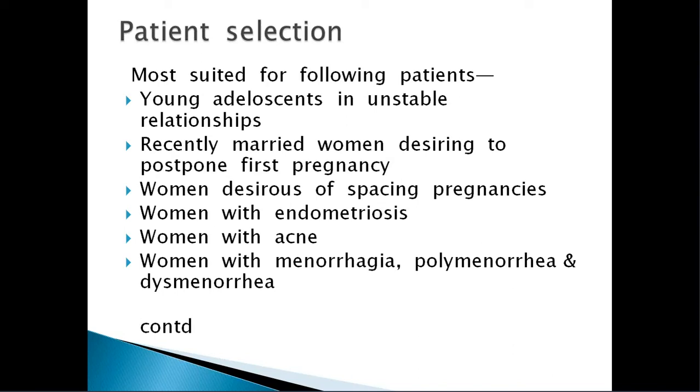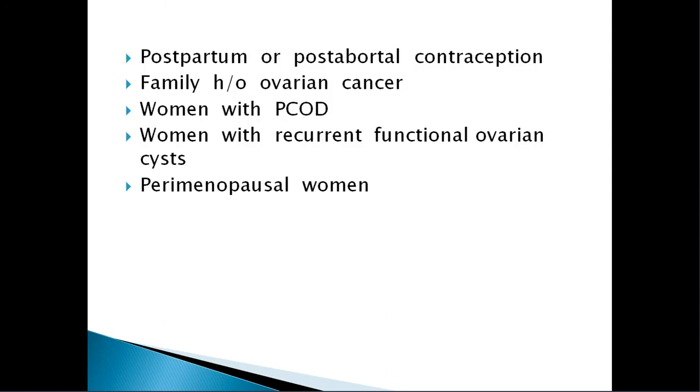Women desirous of spacing pregnancies: she had one child and wants to postpone pregnancy. Then women with other diseases, because there will be a double benefit. Those diseases will also be treated when she uses these contraceptives. So women with endometriosis, acne, menorrhagia, polymenorrhea, dysmenorrhea, then postpartum or post-abortal contraception, it can be used.